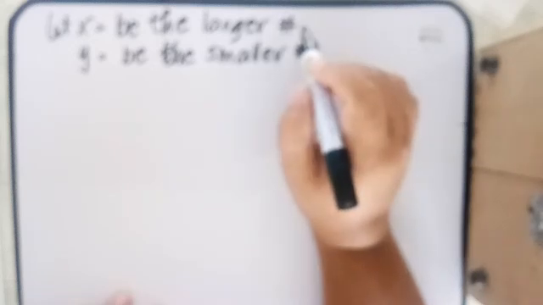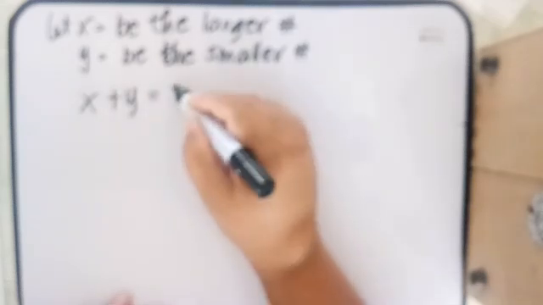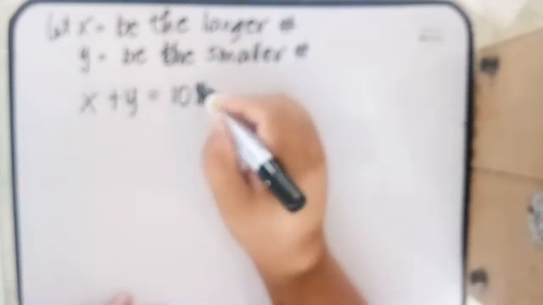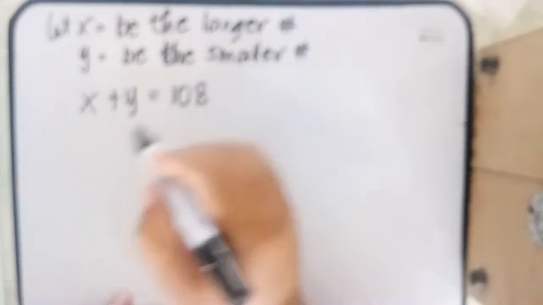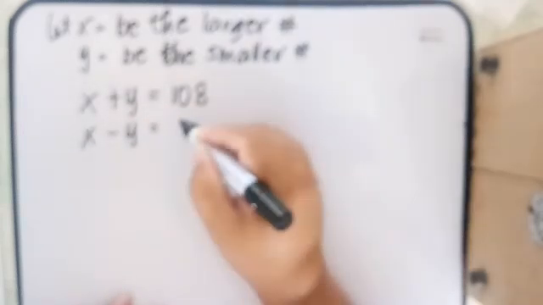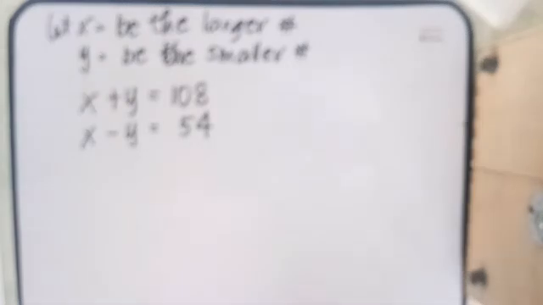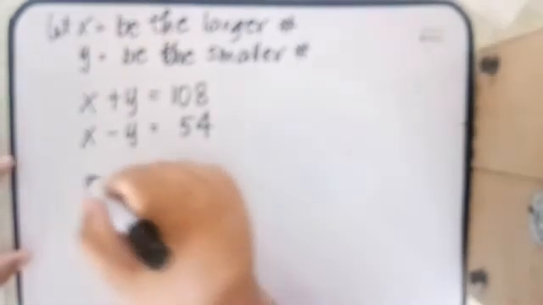Okay, it says the sum of two numbers is 108. So if we add the larger number plus the smaller number, it will give you 108, and the difference is 54. So if you subtract, x minus y will give you 54. Based on the given equations, you can easily solve for your numbers here.